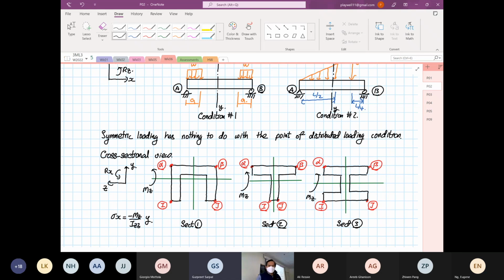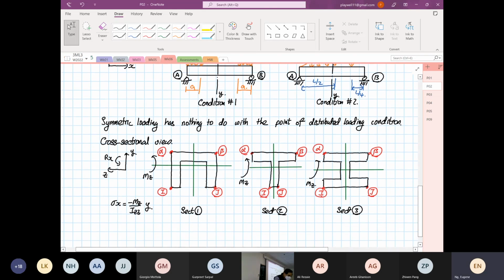Because it's symmetrical on both sides, in the y direction and the z direction, so the geometry is symmetric. Anyone else? All 3 are axis symmetric. The answer is all are symmetrical loading. Some of you, holy crap, how is it all symmetric loading? Okay, I'll show you why.